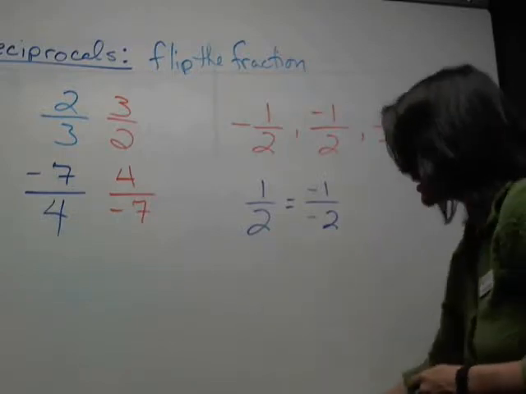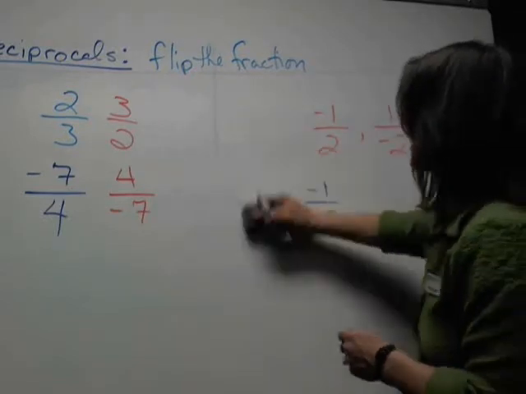So thinking of this 1/2 that we have up here, if I had a 1/2, what's its reciprocal? Well, we still flip it over, so its reciprocal would be 2 over 1, which is the same thing as 2. So what's the reciprocal of negative 22?